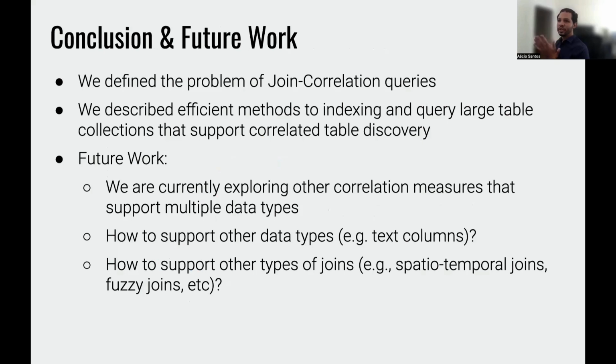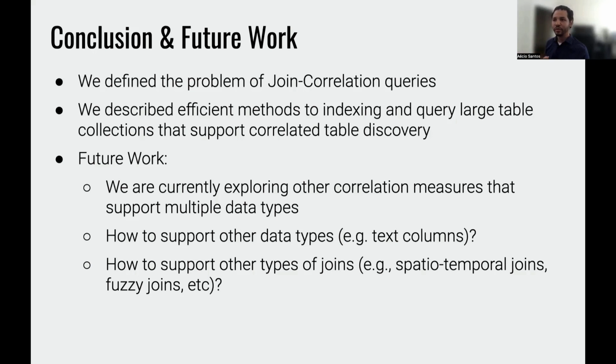So in conclusion, we have defined this problem of joint correlation queries, and we described 2 different methods for indexing and querying large collections. And there is plenty of future work that we can do here, right? So right now we are exploring other measures of correlation.